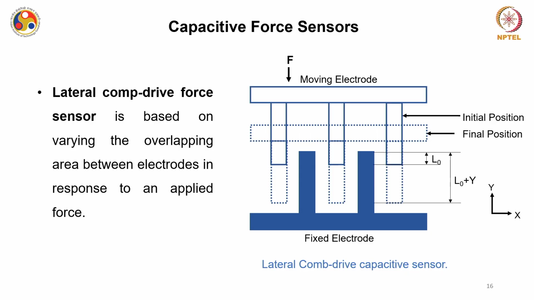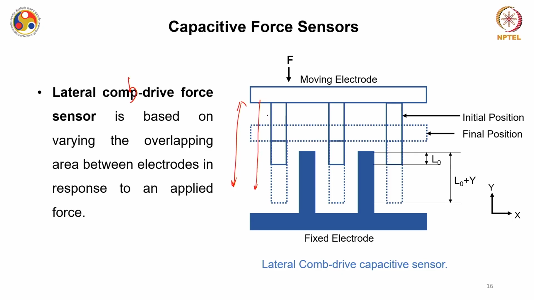Now, the second kind of capacitive force sensor is the lateral comb drive force sensor. The lateral comb drive force sensor is based on varying the overlapping area between the electrodes in response to the applied force. So here the movement of this moving electrode is in the lateral direction.